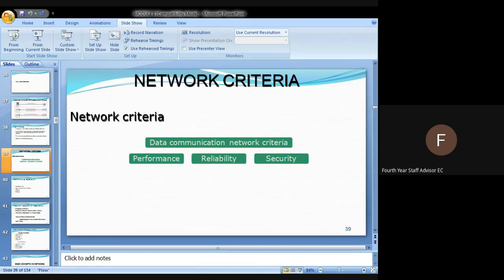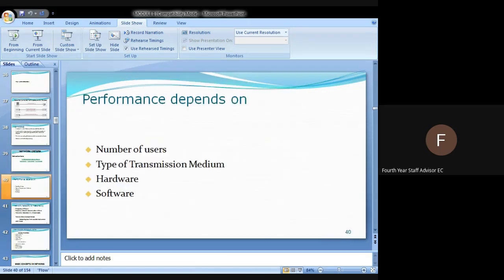Usually, performance depends upon the transit time as well as the response time. Other than that, it also depends upon four factors: the number of users, the type of transmission medium, the hardware, and the software. Explaining each concept, first, number of users. You can have a lot of users using the network.